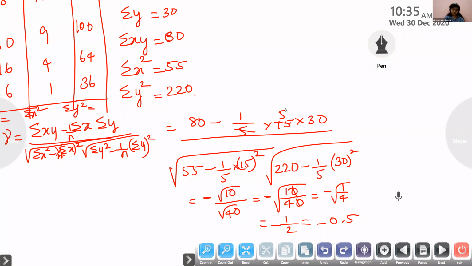Root 10 into root 10 by root 40 into root 10, so we cancelled one root 10. We can write 10 as root 10 into root 10. So he wrote this as root 10 by root 40. Is it okay, Aishwarya? Yes, ma'am.